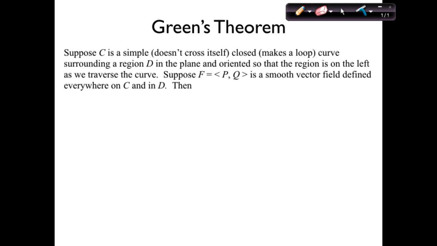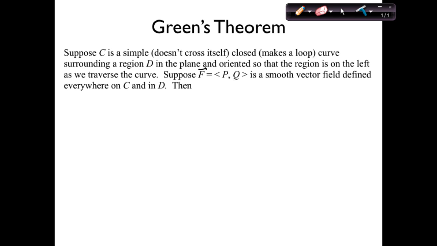Okay, we'll talk about that later. Suppose that we have a smooth vector field defined everywhere on C and in D. So here's all the setup for Green's theorem.